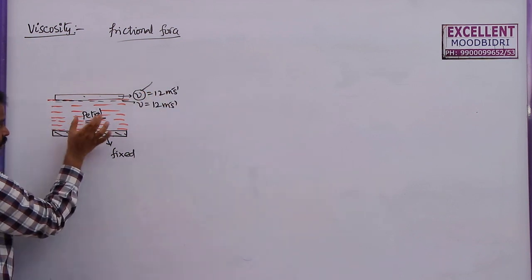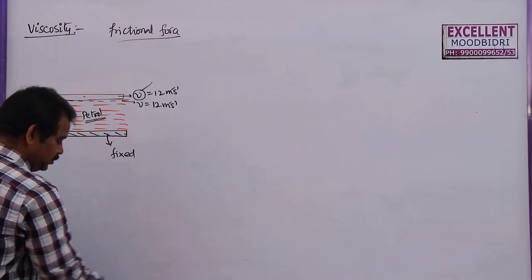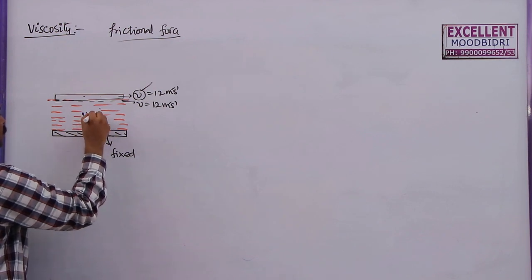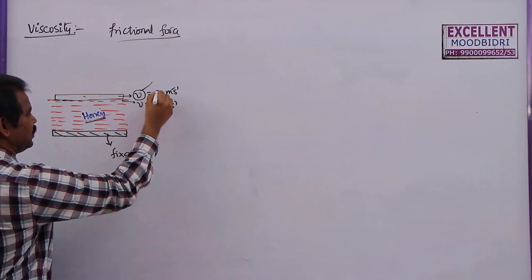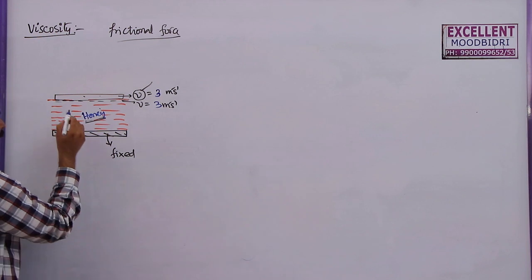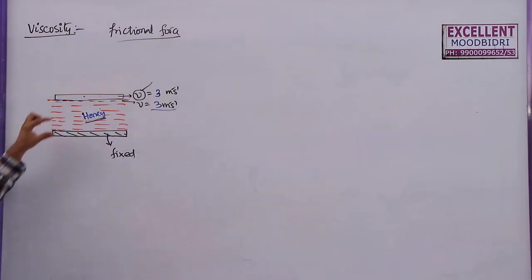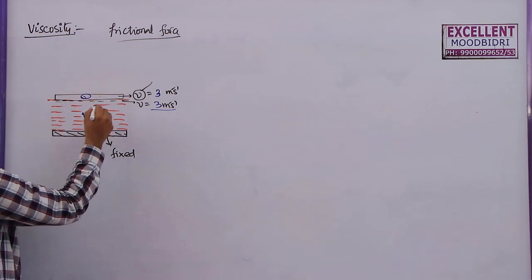Whenever the liquid changes, the velocity will change. Now, instead of this, suppose you keep some honey, which is more viscous, then the velocity will decrease. Let us say this is 3 meter per second. Why? Because the velocity of the upper surface of the honey is also 3 meter per second. So this velocity is based on the velocity of the liquid.